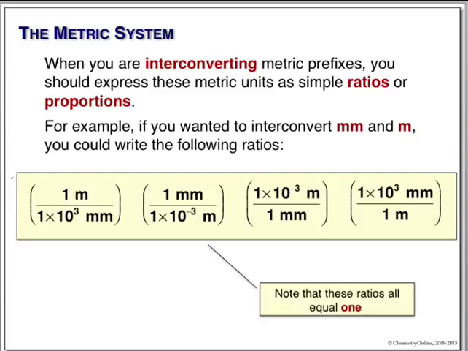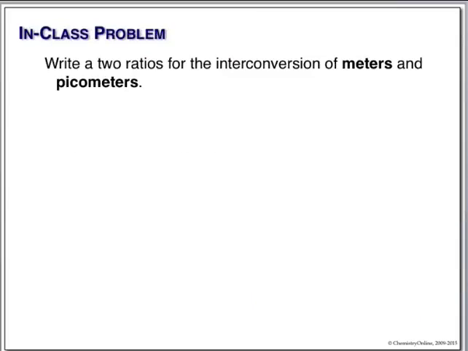So the first thing that you need to do is learn how to think about a metric measurement and convert it to a couple of simple ratios. Not difficult to do. Let's go ahead and look at one. Go ahead and write me 2 ratios to interconvert meters and picometers.